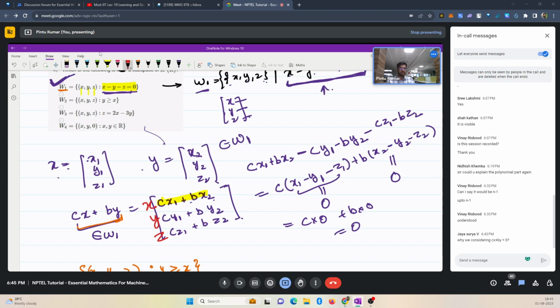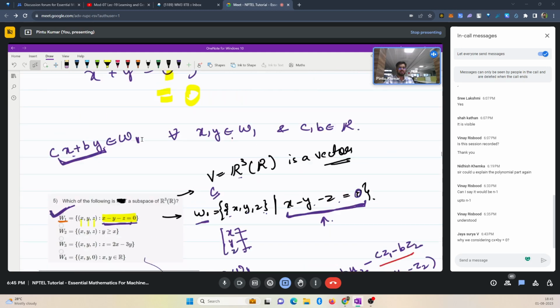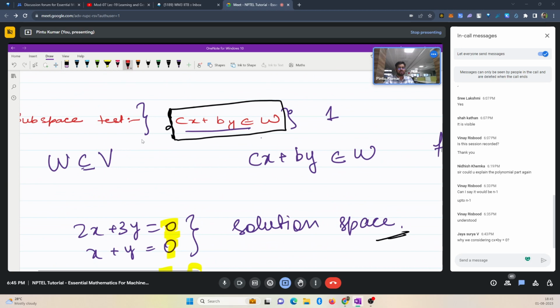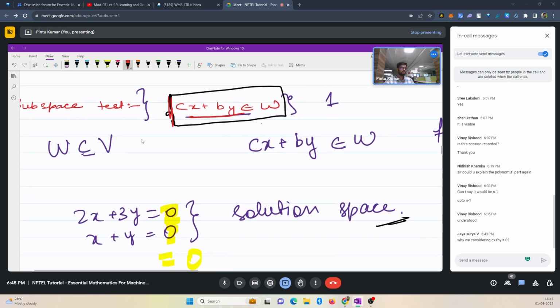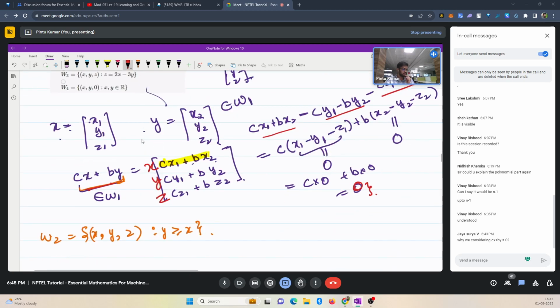Then we calculated x minus y minus z, and we checked whether that is equal to 0 or not. Because that came out to be 0, we can infer that Cx plus By is an element of W1. And why are we doing this? We are doing this to check whether this set is a subspace or not. In order to check this, we just need to check the property that Cx plus By should be an element of that particular set. Was I clear, Jaya?